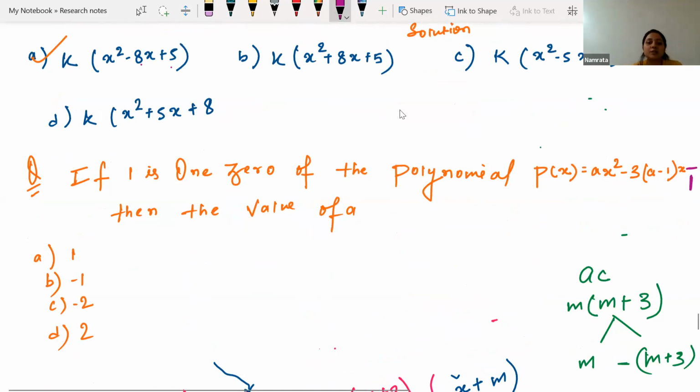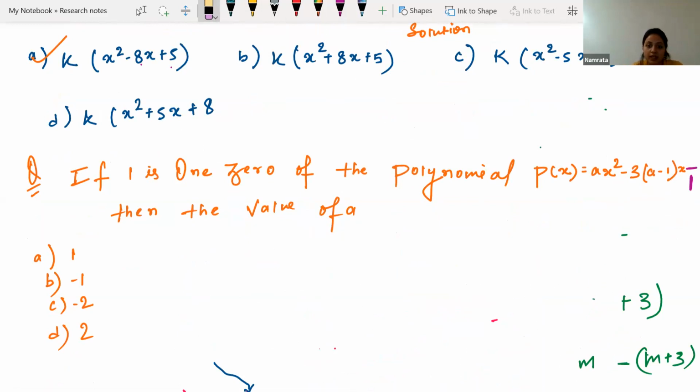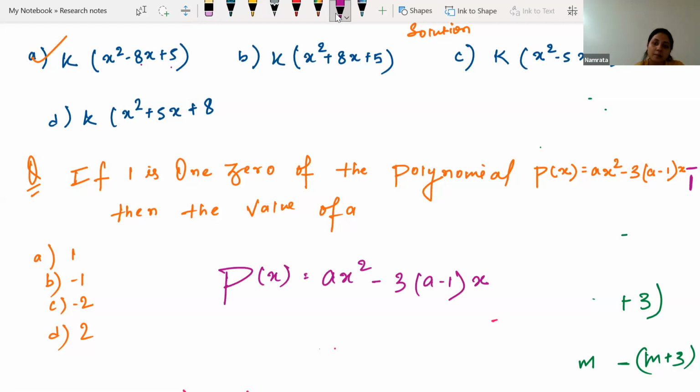If it is still creating confusion, then let me write our polynomial here again. So our polynomial is p of x equals ax square minus 3 times a minus 1 x minus 1. Here it is written that if 1 is one of the zeroes.